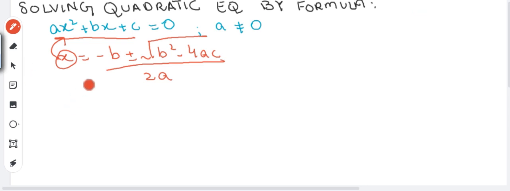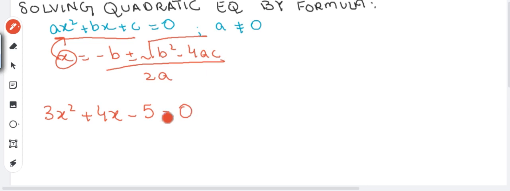This is chapter number 1, worked example 5. The example says to solve the equation 3x square plus 4x minus 5 equals 0.